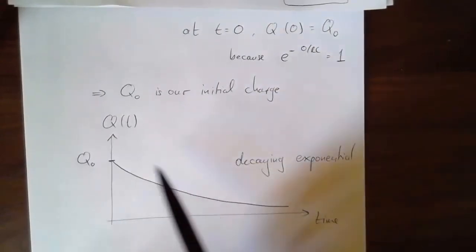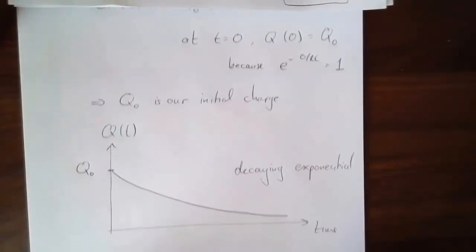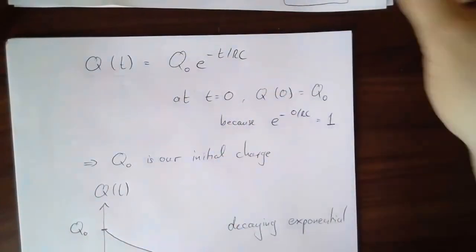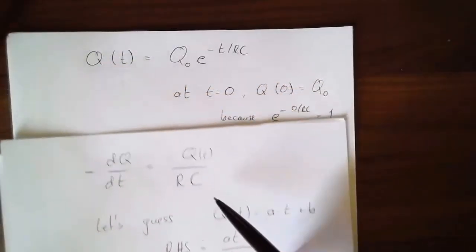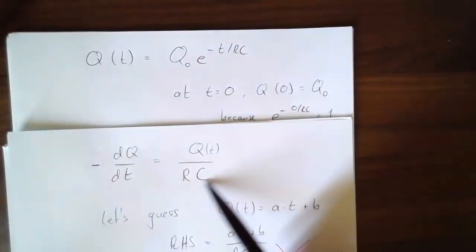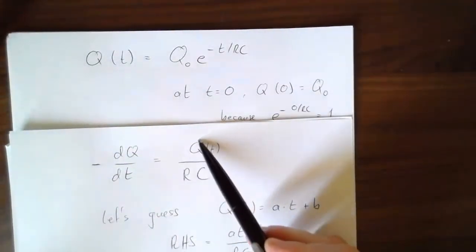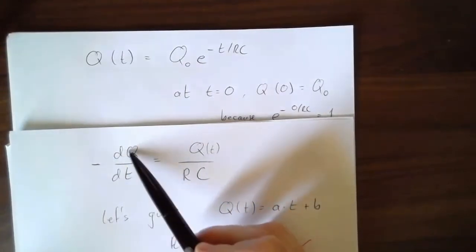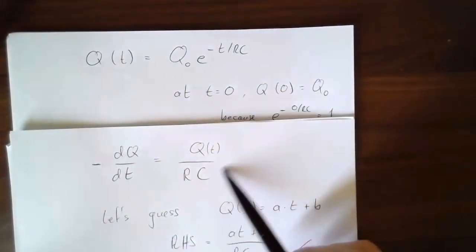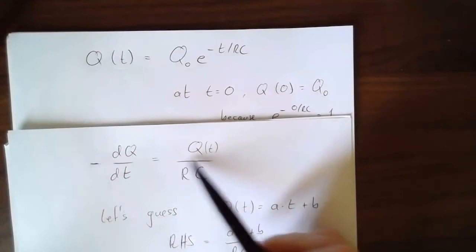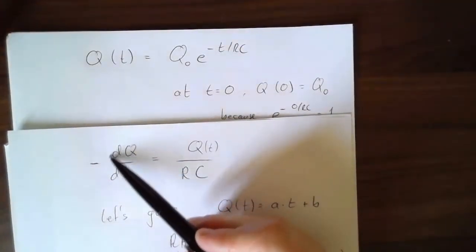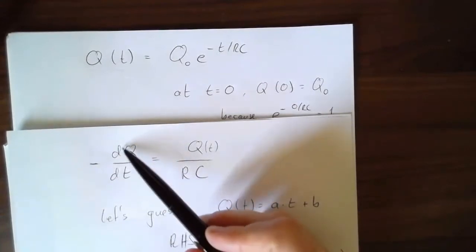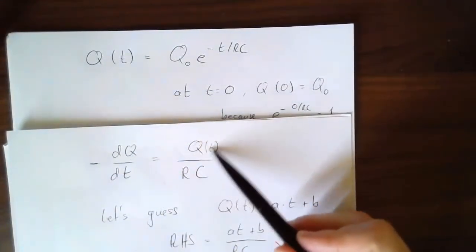So just mathematically, those types of functions come up a lot, namely every time you have a differential equation that looks like this, where the rate of change of something, the minus sign, is proportional to the thing itself. In this case, charge. With air resistance, the rate of change of speed due to air drag is proportional to the speed itself.